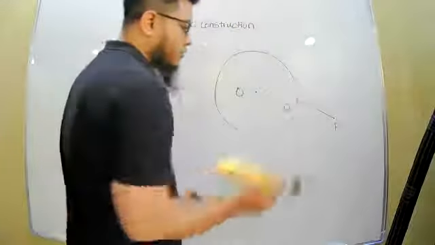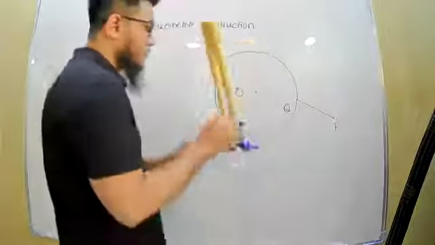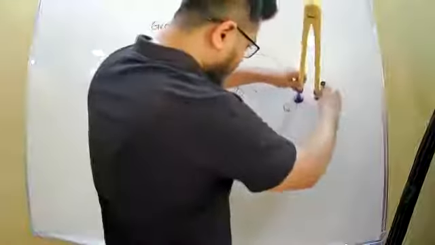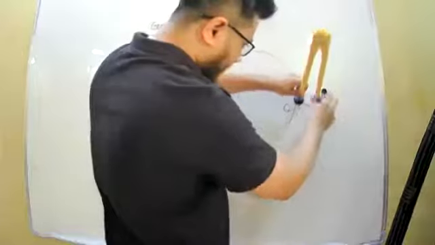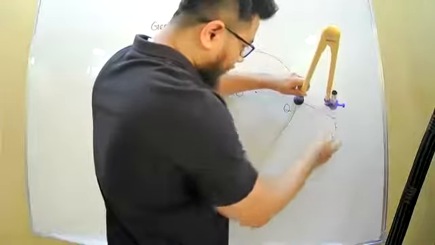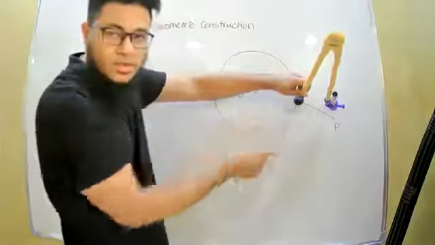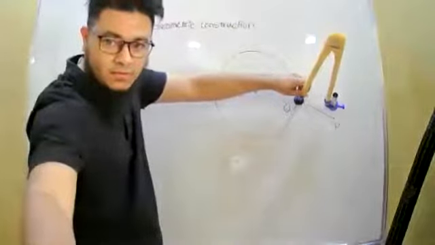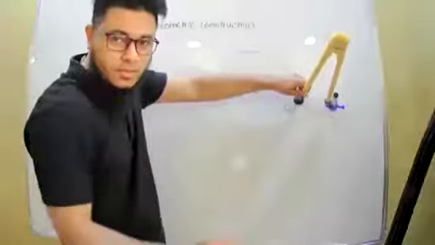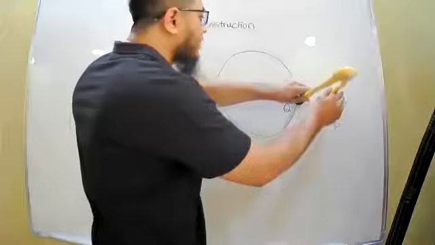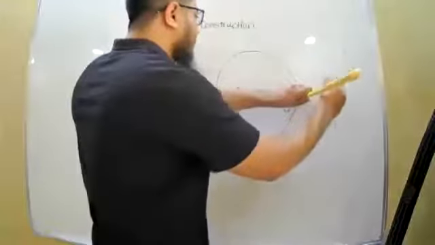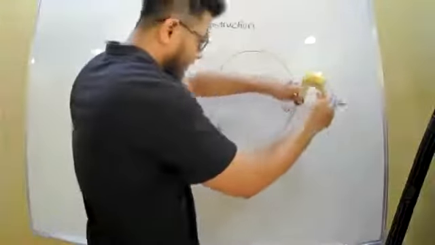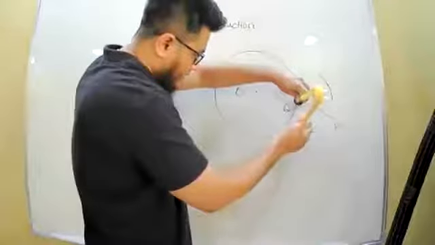So we want to draw the perpendicular bisector of PQ. So what we have to do? We have to take Q as the center, and we have to take a radius that is more than half of PQ. Okay, and then we have to draw an arc above the line and another arc below the line.